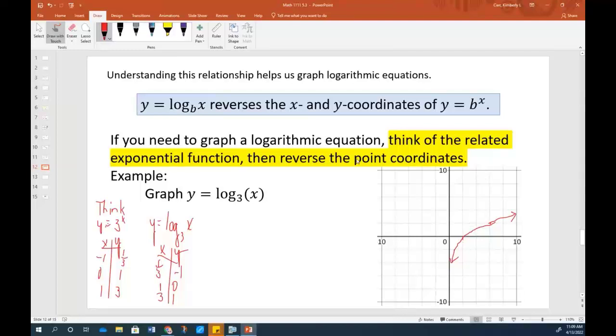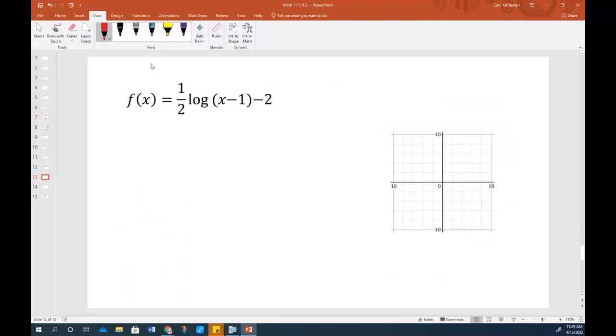Now sometimes you'll be asked to graph them on the same coordinate plane. I think I have one of those. But this is the process. And then if we have to shift it, we can shift it from these points. This one has multiple shifts, stretches, and compressions. But what I want to do very first is think about the related exponential function. So the base here, it's that understood base.